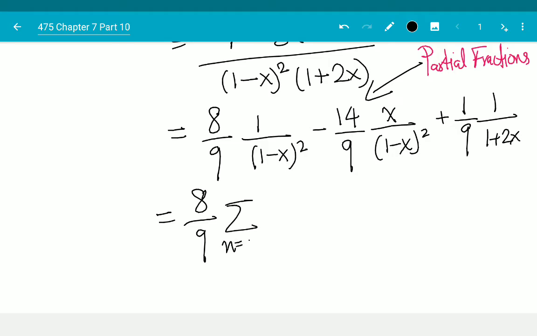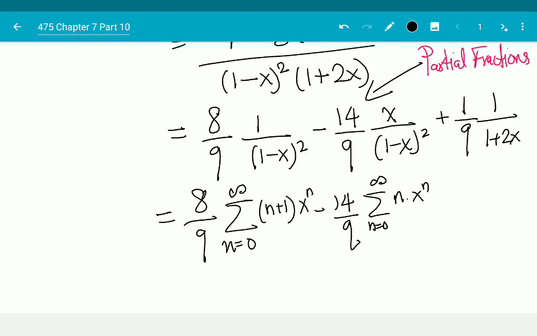And so this is equal to 8 over 9 summation n equals 0 to infinity n plus 1 x to the n, minus 14 over 9 summation n equals 0 to infinity n x to the n, plus 1 over 9 summation n equals 0 to infinity negative 2 to the n x to the n.